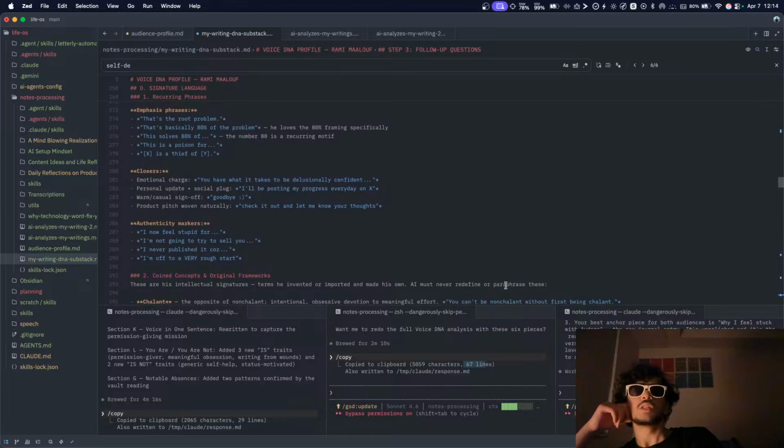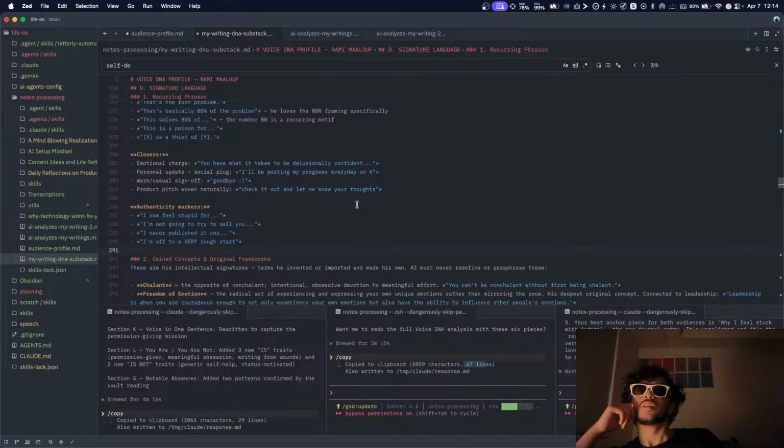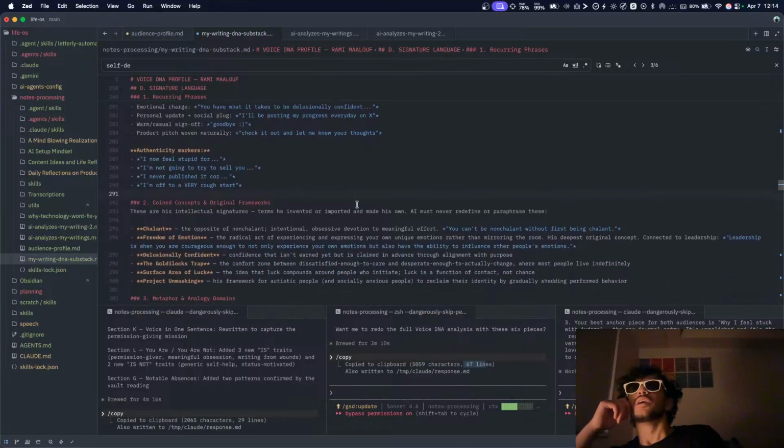This is good though. This is good. If AI can actually follow every single part of this, it will take a lot of credits though. It's like 500 lines. So, we'll see. Emotional charge, you have what it takes. Okay, authenticity markers.